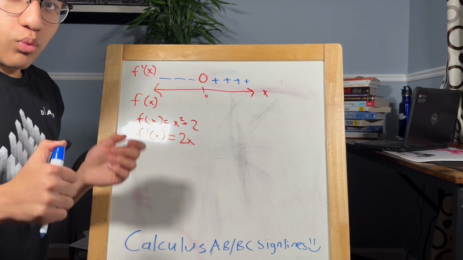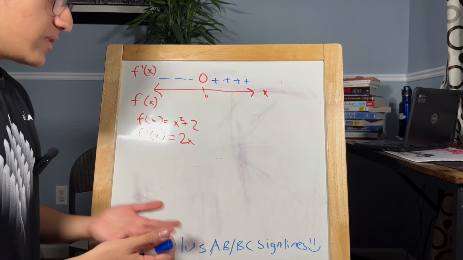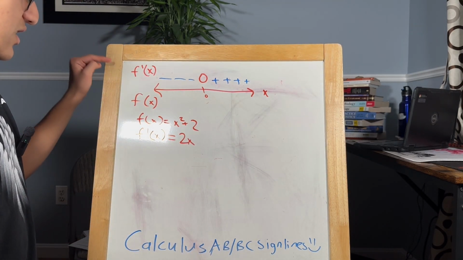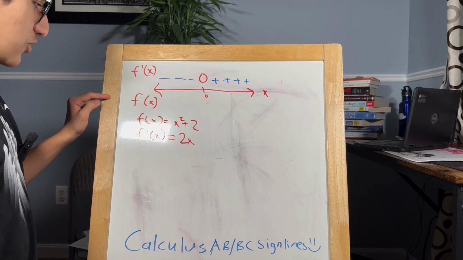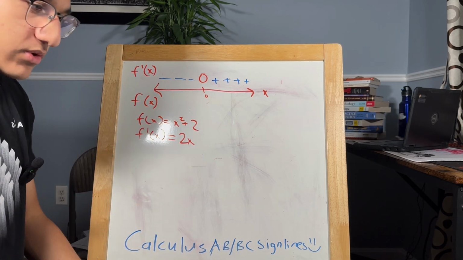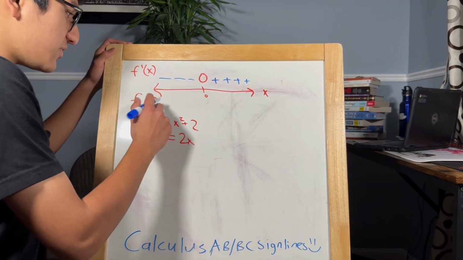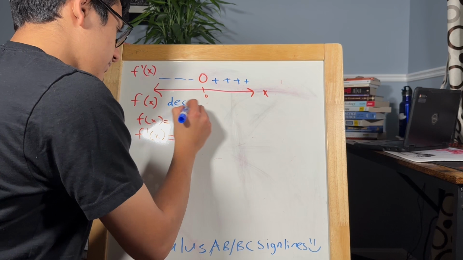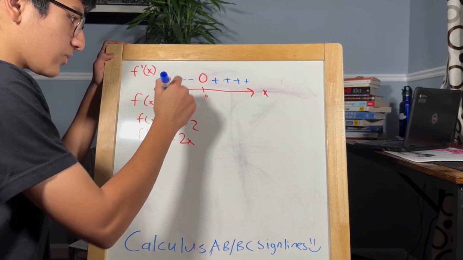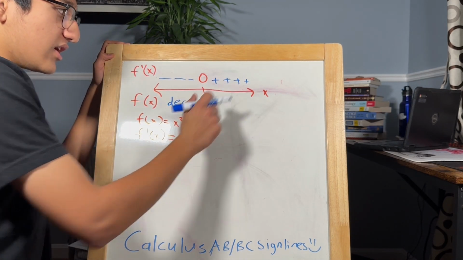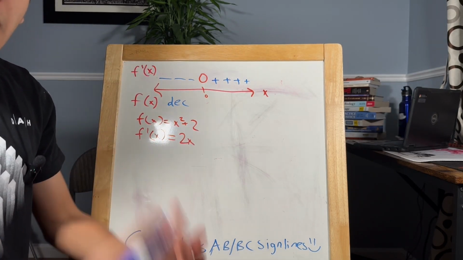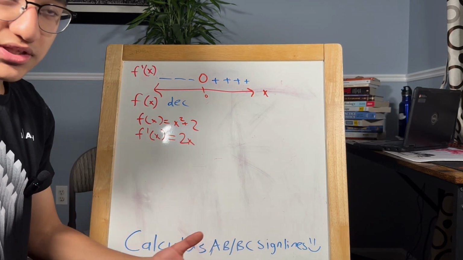Now, one important concept that you need to know is that when the derivative is negative, the function is decreasing, right? Because the slope is literally pointing downwards. So this would be decreasing. I'm just going to write DEC. And over here, if the derivative is positive, the function is increasing.